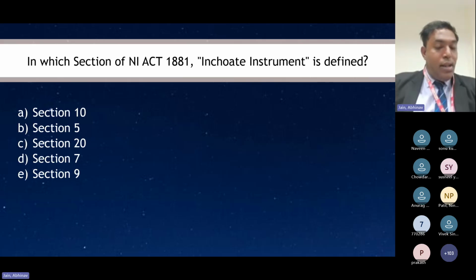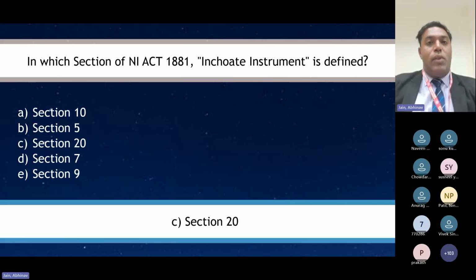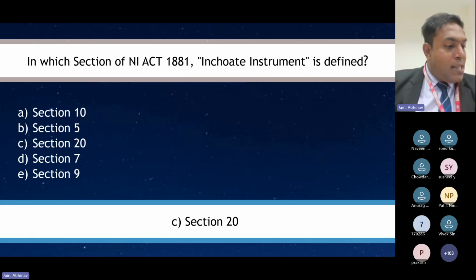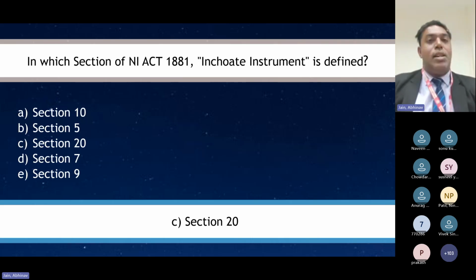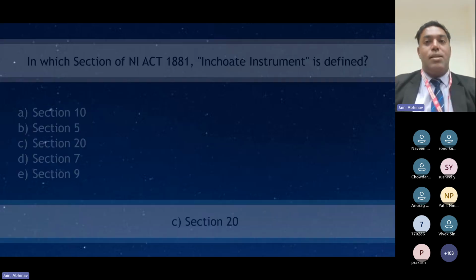Inchoate instruments are defined under section 20 of NI Act 1881. Most of you have responded correctly. Neha madam has responded section 9. No, Neha madam, please update yourself. It is section 20. Section 20 of NI Act 1881 describes inchoate instrument. Inchoate means incomplete sort of instruments.